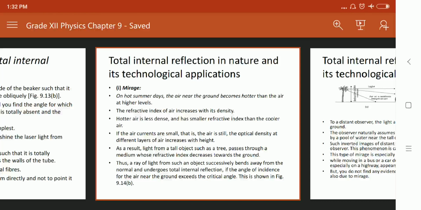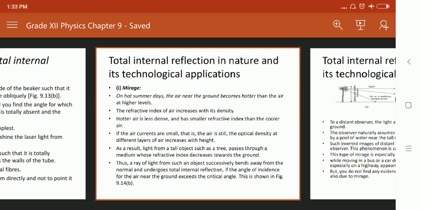And if a taller object is available which has a refractive index less than the ground, then a ray of light from such an object passing through it will be bent successively away from the normal, and it undergoes total internal reflection, because comparing the refractive index of the ground and the tree, the tree has a lesser refractive index. So all the light beams passing through it will be reflected back towards the ground. So total internal reflection we can observe.